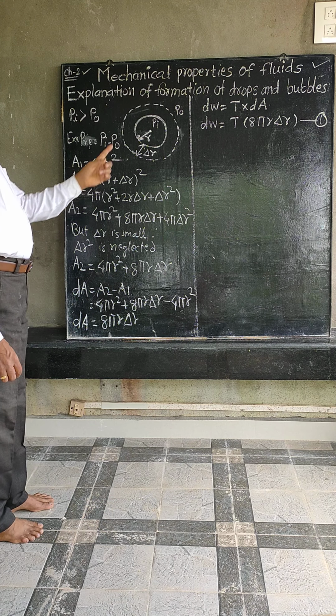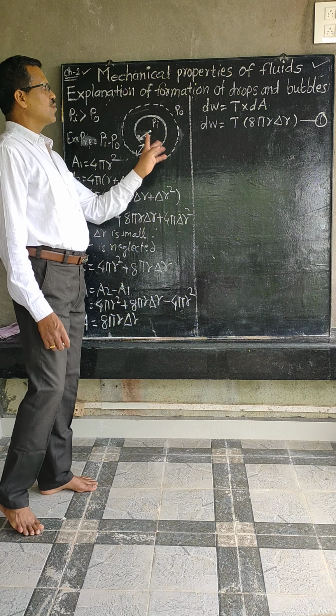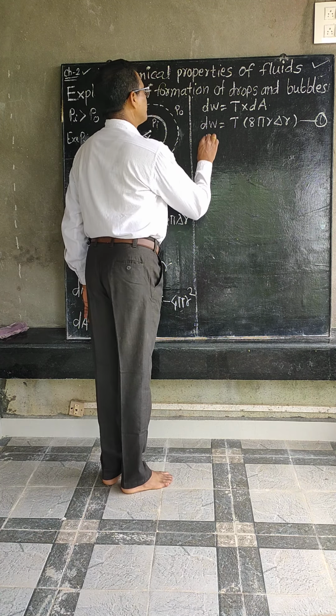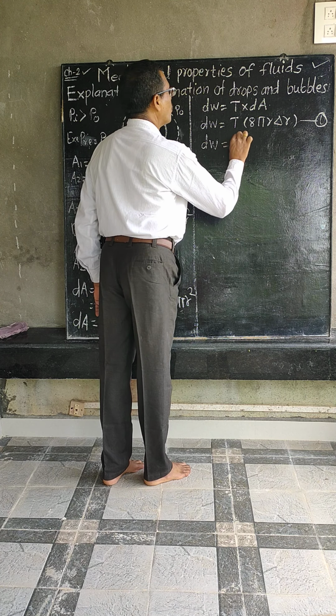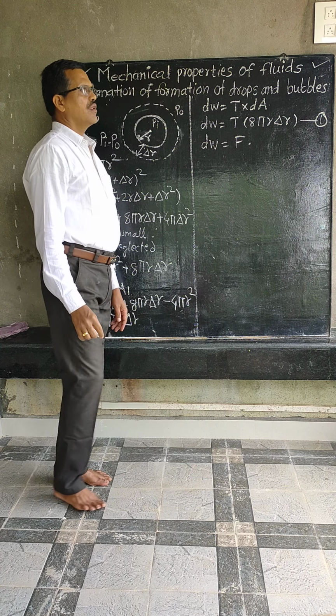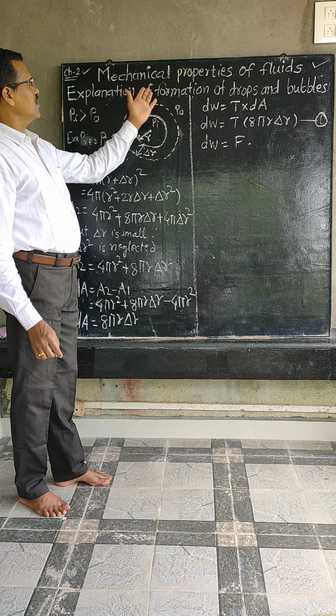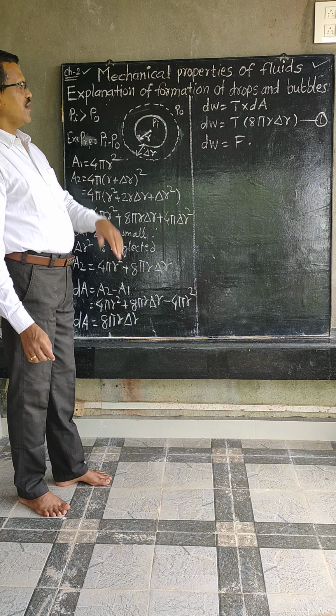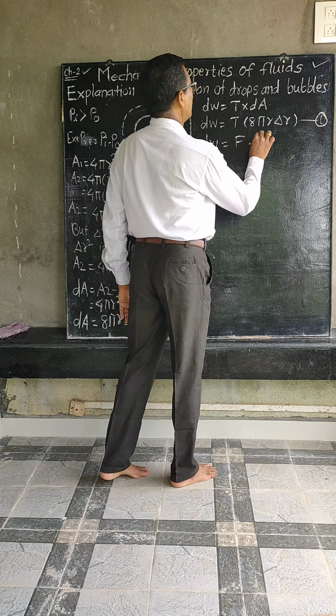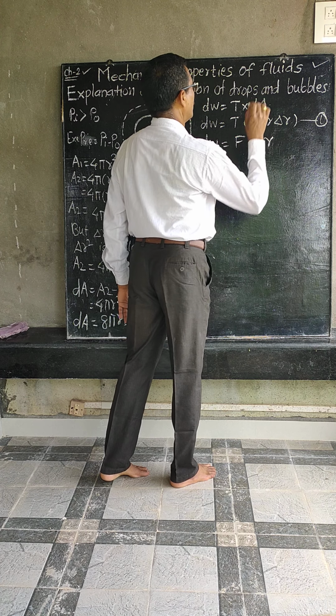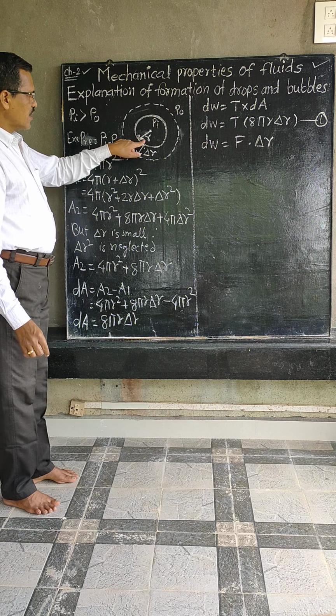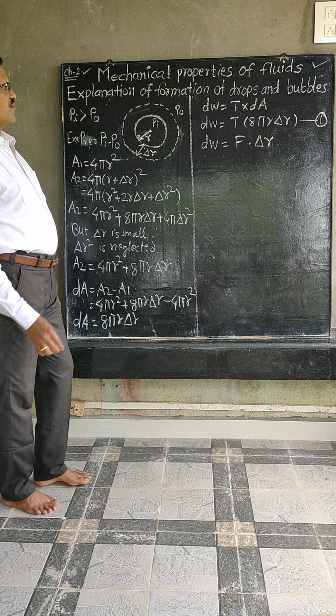This work done dW is also equal to the product of the force that causes the increase in area dA and the delta r, which is the increase in radius of this drop.